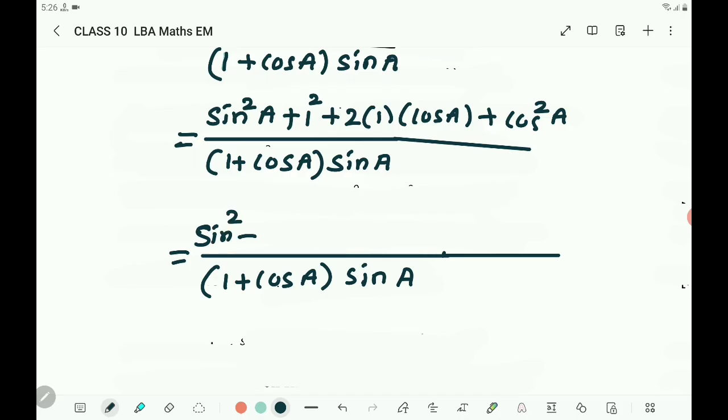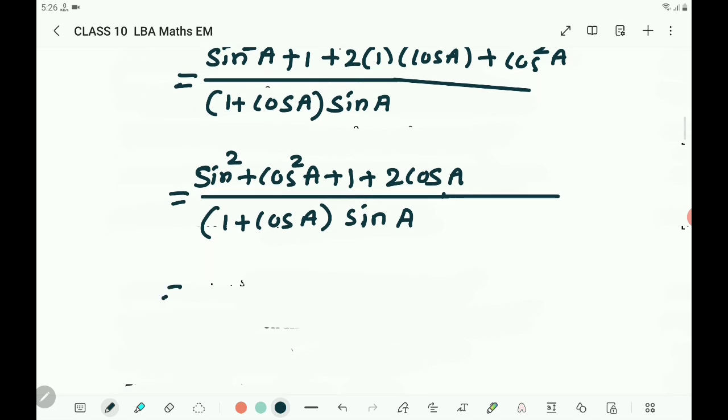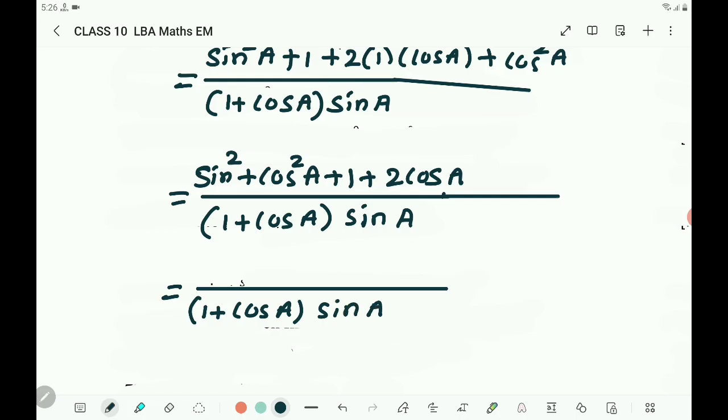Sin square A plus cos square A plus 1 square is 1 plus 2 into 1 into cos A is 2 cos A. Then again write the denominator as it is, (1 plus cos A) into sin A. According to the identity, sin square A plus cos square A is 1.